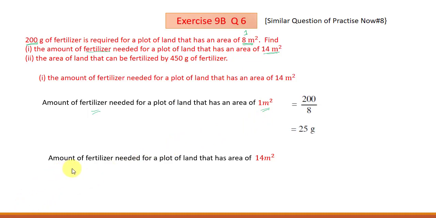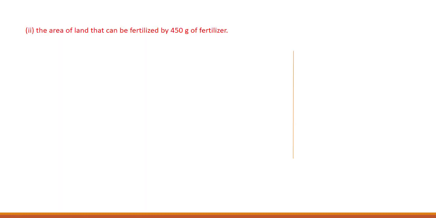Now next, the amount of fertilizer needed for a plot of land that has an area of 14 meters square, which is given in the question. So we will multiply 25 by 14, and the answer will be 350 grams. That is, 350 grams of fertilizer is needed for a plot of land that has an area of 14 meters square. Now we will move on to the second part of this question.